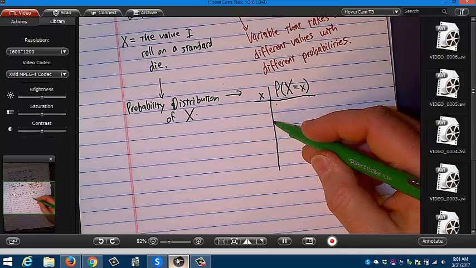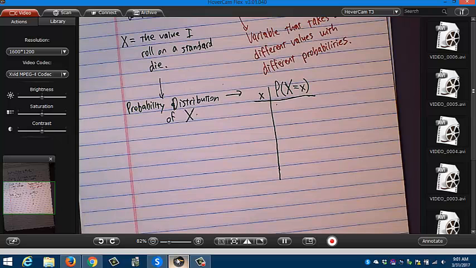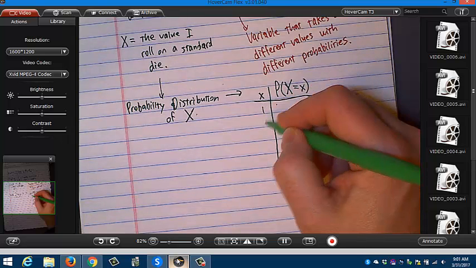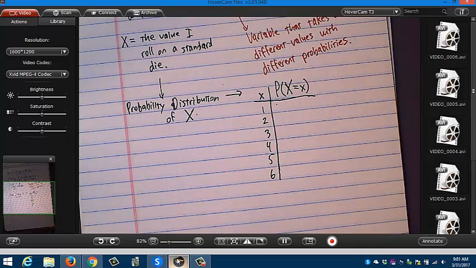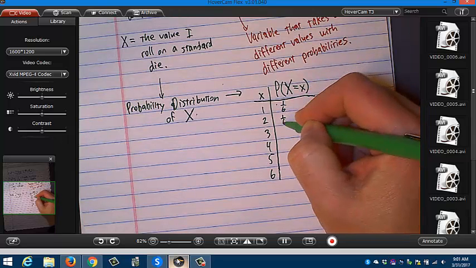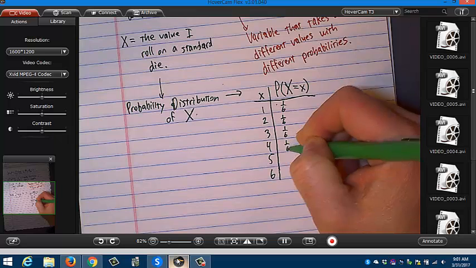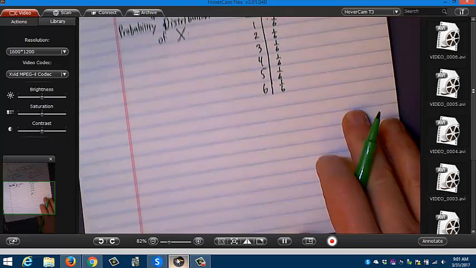Although, this is kind of a boring example. What are the different values you could get when you roll one die? We know that: 1, 2, 3, 4, 5, and 6. And what's the probability of X equaling any one of those? So that's an example, but it's a boring example.